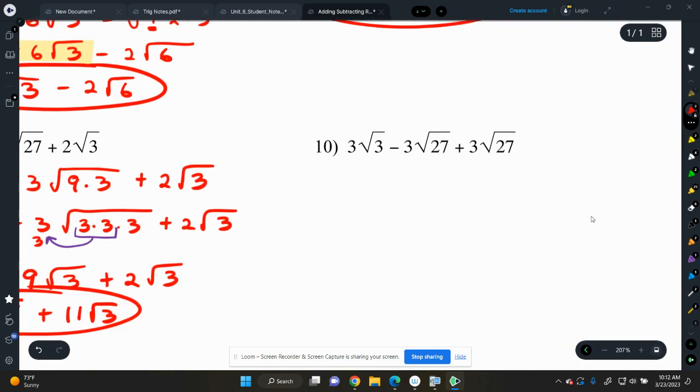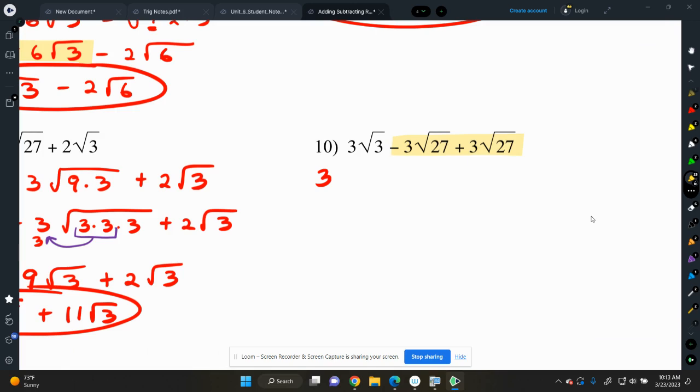Okay. All right, Kaya. How about number 10? Simplify the 27? Yeah. Let's do that. Just set it up for it. I actually didn't simplify it. It's not wrong, but it's going to make a little extra work. Do you know why? Because these are actually like terms already, even though they're not simplified. And the only reason I'm not going to simplify them is because they're going to completely cancel out.